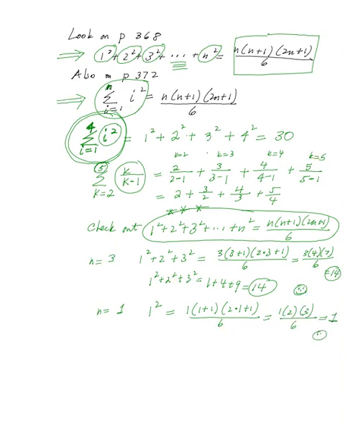That's what we were supposed to get. This formula, what formula am I talking about? The sum as i goes from 1 to n of i squared does seem to be this.